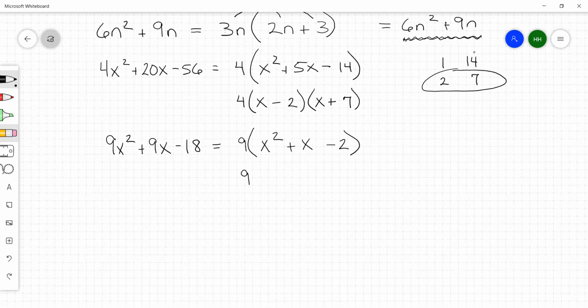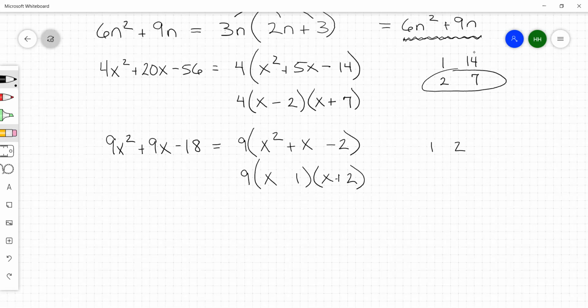So now we're going to break the trinomial down into two binomials. And there's only two factors of 2. You got a 1 and you got a 2. You just have to be careful with the signs here. Since this x is positive, the larger of your factors needs to be positive.